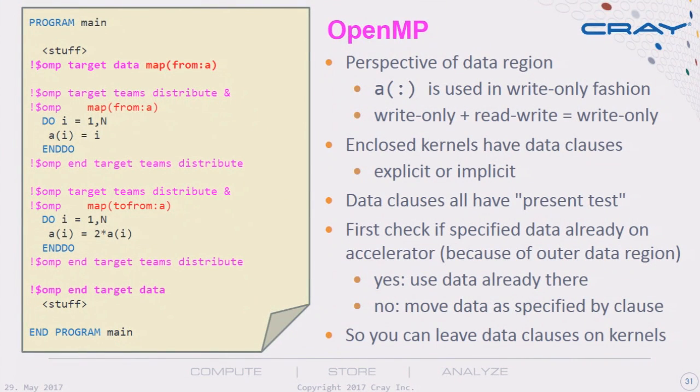So you have an overall data region which defines that there is memory allocated on the GPU for that variable A, and you will not be copying any data here.